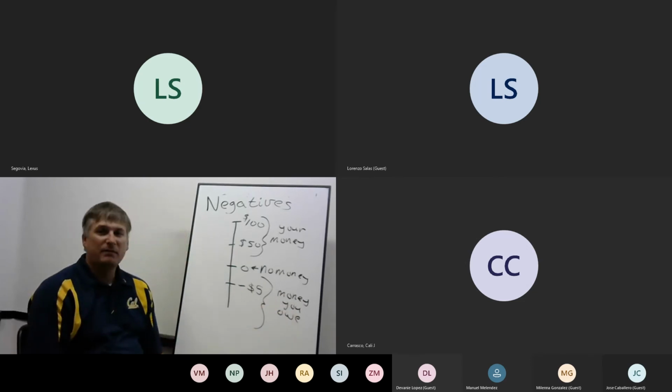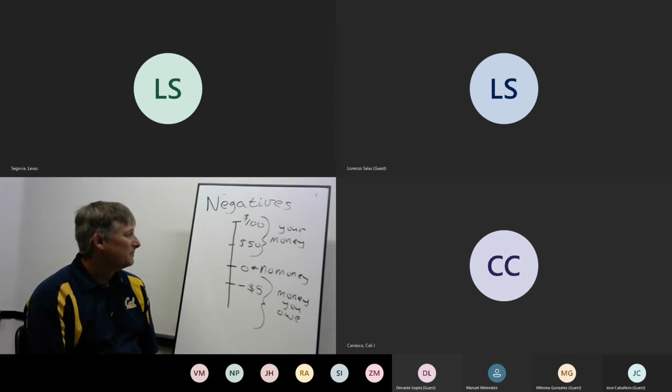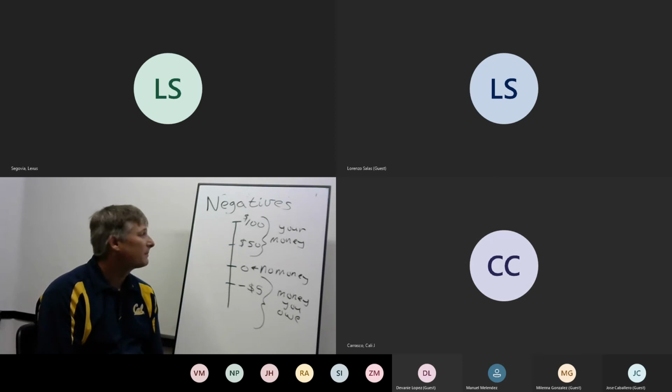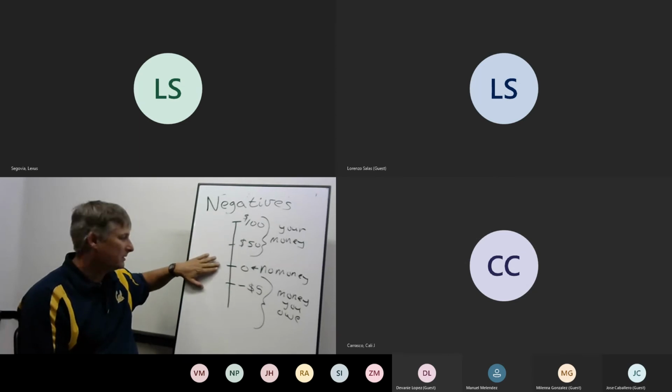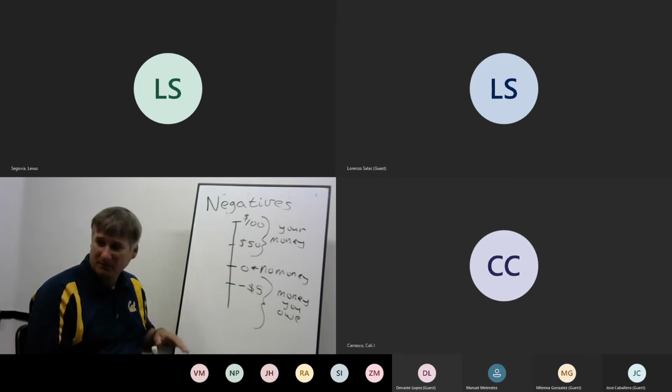So we can think of negative numbers as meaning that. Depending on how you're using them, they can take on different meanings. So positive is money that's yours. This is when you have no money. And this is money that you owe.